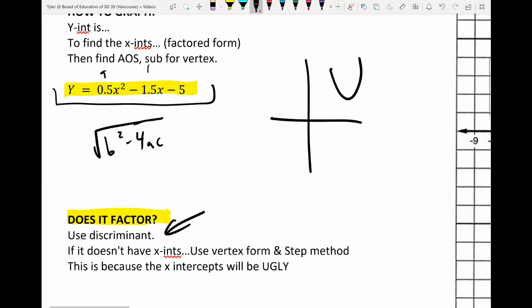This is A, this is B, this is C. So when we sub in 1.5 squared minus 4ac, so 4, 0.5, negative 5, I can tell right away this is going to be a positive number, because it's got a negative times a negative. So I know it's going to factor, and I don't need to do the rest. If you end up doing the rest, you'll see that it's a perfect square.